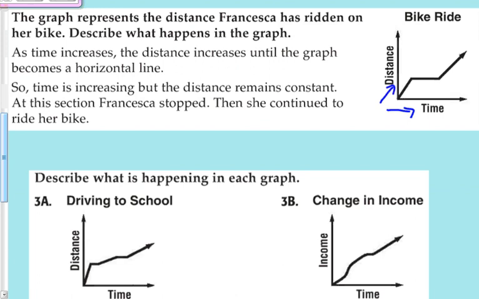And then it becomes a horizontal line. So that means she's riding her bike at first, and then she stops for a while, and then she continues to ride her bike again. So as the time stays constant, she's not riding the bike. She's not going anywhere. That's what the horizontal line means.